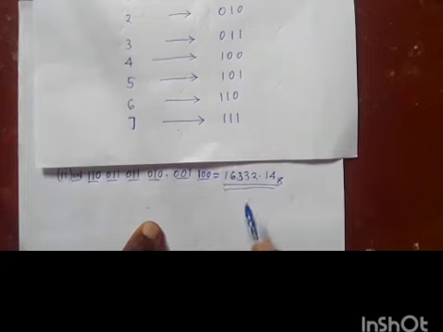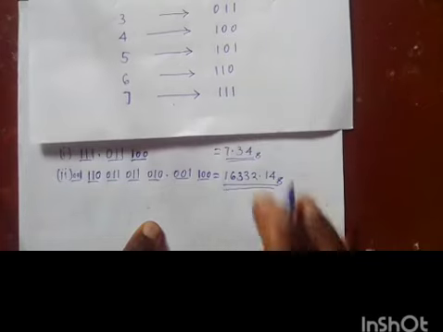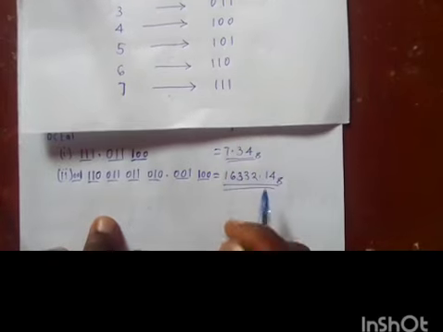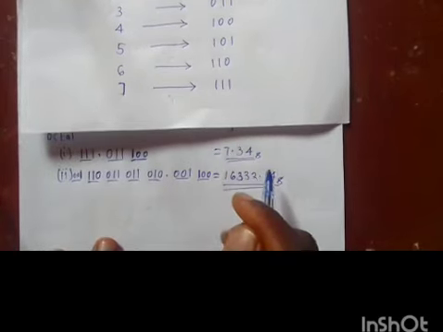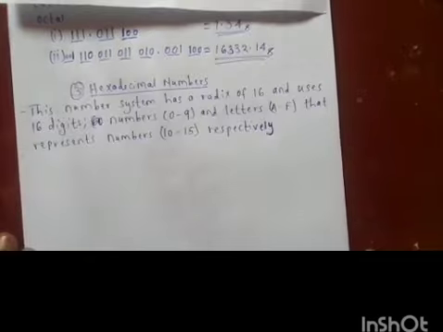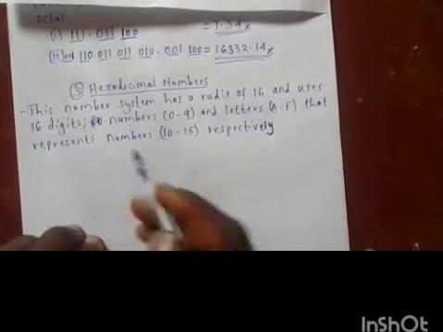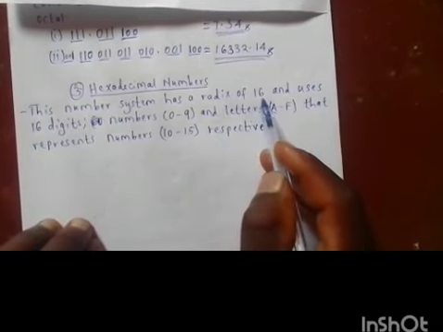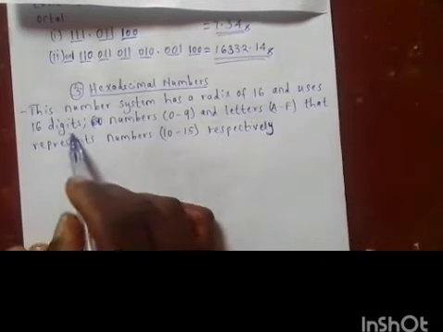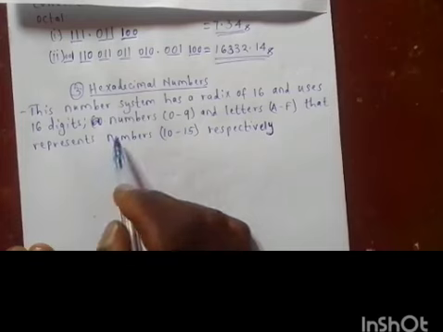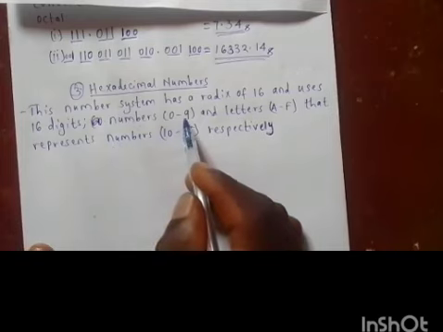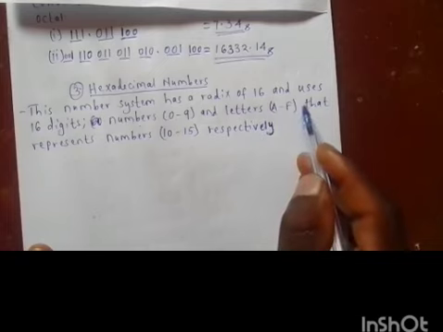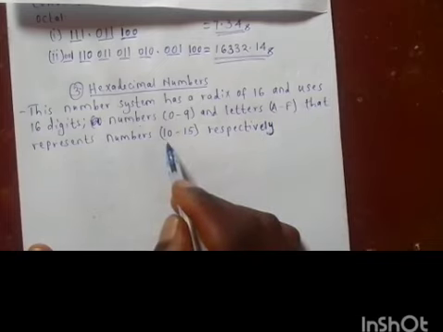Right. So now we want to look at the third type of numbers, the hexadecimal number system. It has a radix of 16 and uses 16 digits that consist of numbers 0 to 9 and letters A to F that represent numbers 10 to 15 respectively.